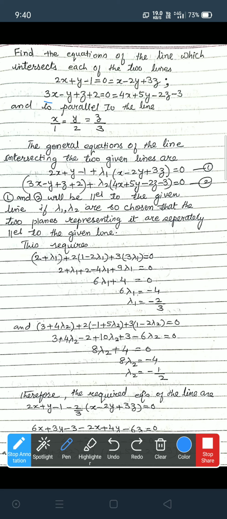So this is 3x minus y plus z plus 2 plus lambda 2 into 4x plus 5y minus 2z minus 3 equals 0. These 1 and 2 will be parallel to the given line if lambda 1 and lambda 2 are so chosen that the two planes representing it are separately parallel to the given line.